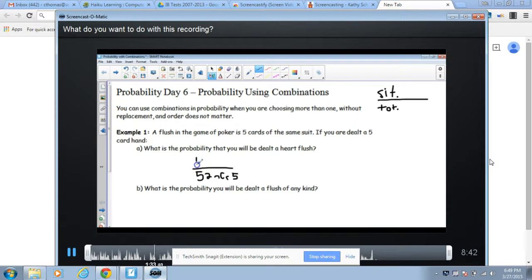So there's 13 hearts, and we want to choose 5 of the 13. And if you type these both in, this is 1287, and this is 2,598,960, and that comes out to 0.000495.